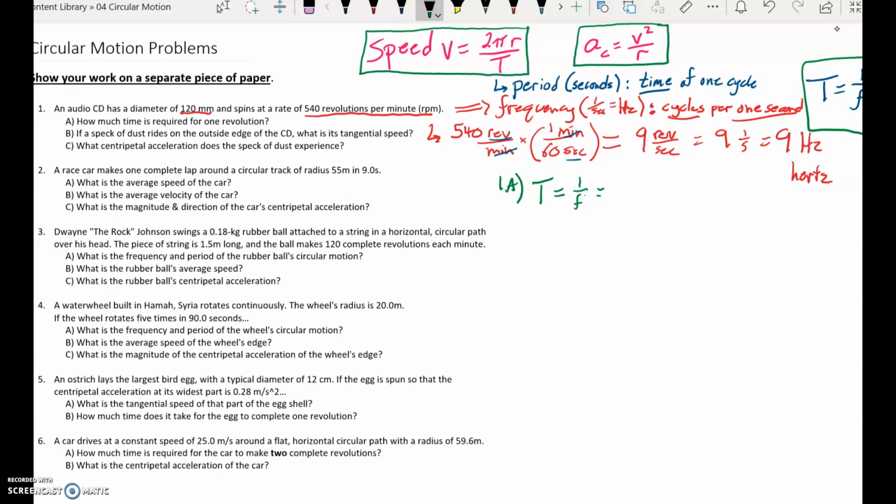My period then is 1 over 9 hertz, which is 1 over seconds. So 1 over seconds is going to wind up with units of seconds. 1 over 9 is 0.111 seconds. And since we had 2 sig figs given in the problem, I should give my answer to 2 sig figs of just 0.11.